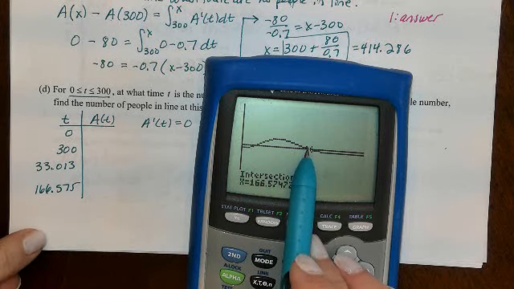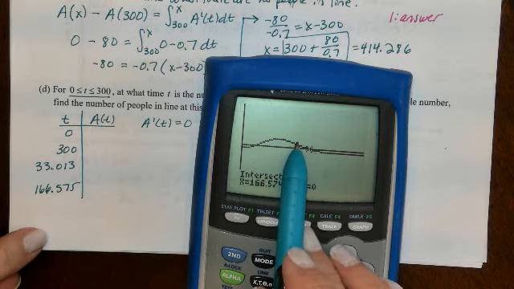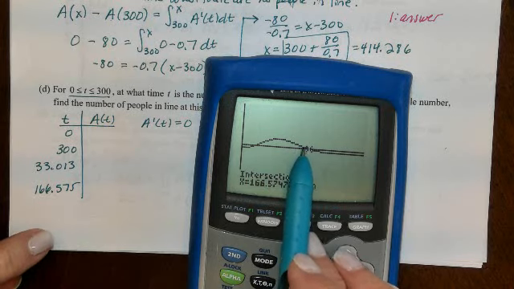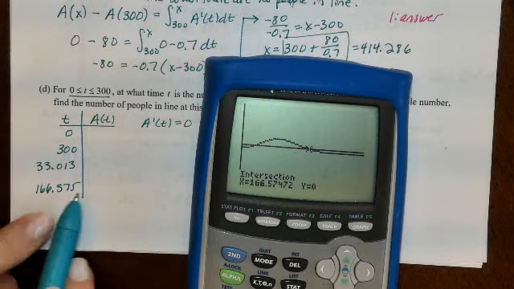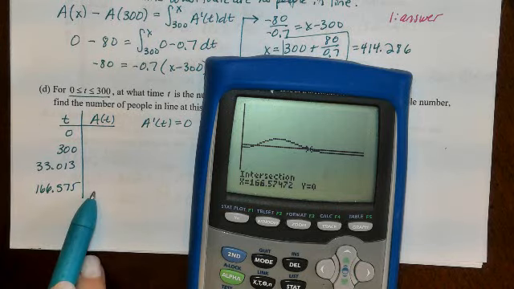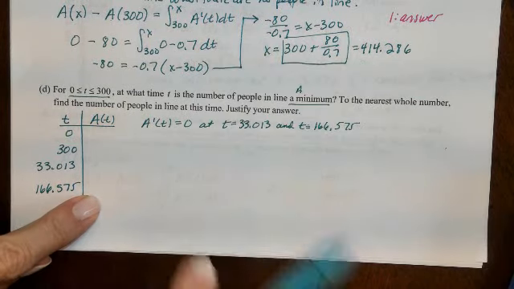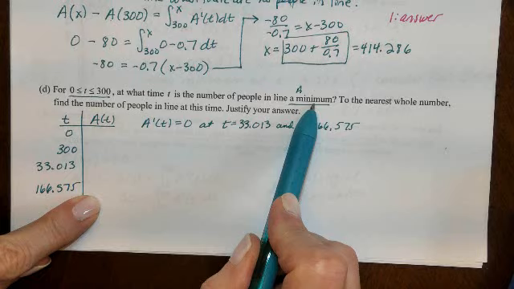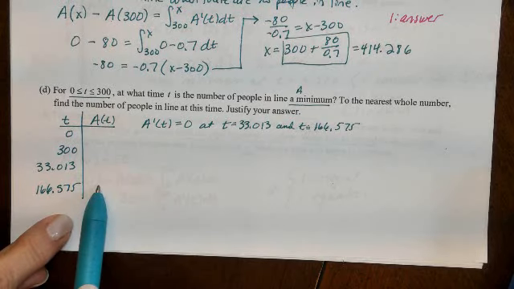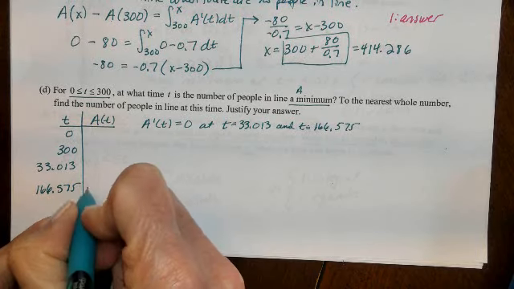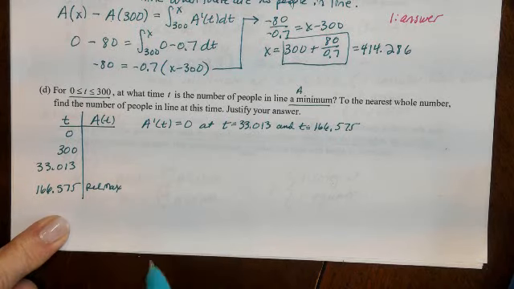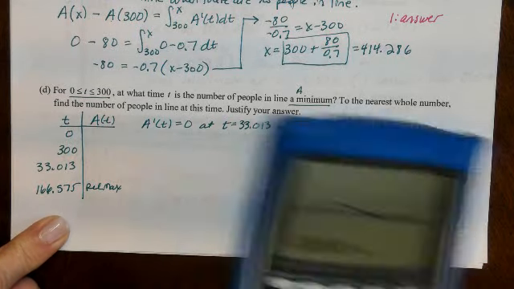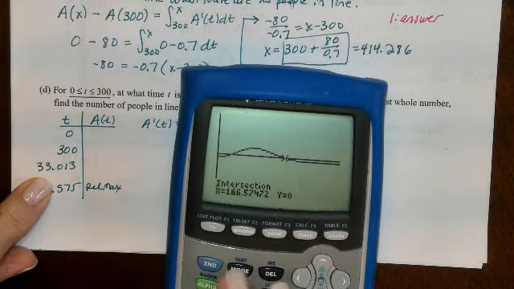At this time, A prime goes from positive to negative. That is where A has a relative max. So this 166 is where A has a relative max. And A cannot be an absolute min at the spot where A has a relative max. So I'm going to put relative max here, and then I don't have to worry about finding A in that spot.